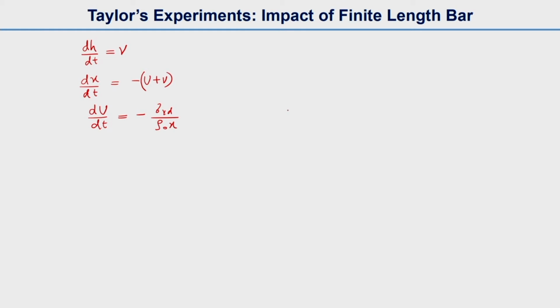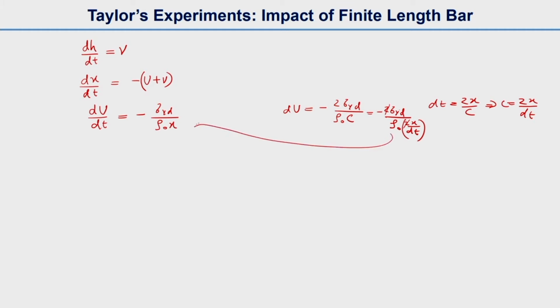We have du equal to twice sigma yd divided by rho naught c, and if we replace this c, because we got dt equal to twice x by c, or we can write c equal to twice x by dt, then we get twice sigma yd divided by rho naught twice x by dt. Here we can cancel out the 2, and then finally we end up with this relation.